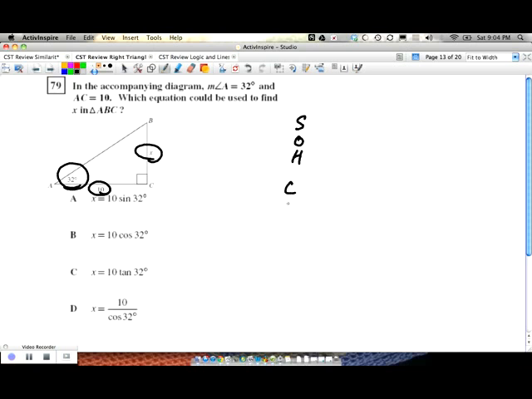So I'm going to go to my acronym, SOHCAHTOA. I realize that I have the opposite piece and the adjacent piece. If that's the case, then I'm probably going to be using tangent here, because I need both opposite and adjacent, and I don't need a hypotenuse. Sine and cosine are out.